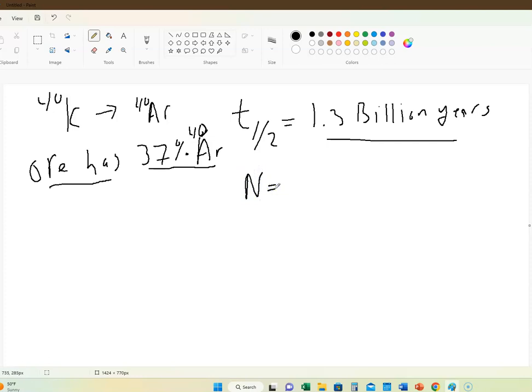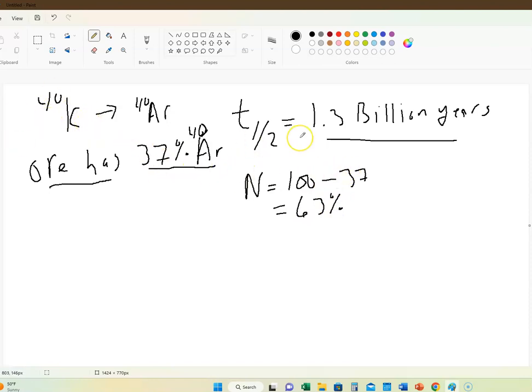That's 100%, because there was 100% of the potassium-40, minus what is now argon-40, minus 37%. We'll leave these as percents right now. So of course that would be 63%. 63% is still in the form of potassium-40.